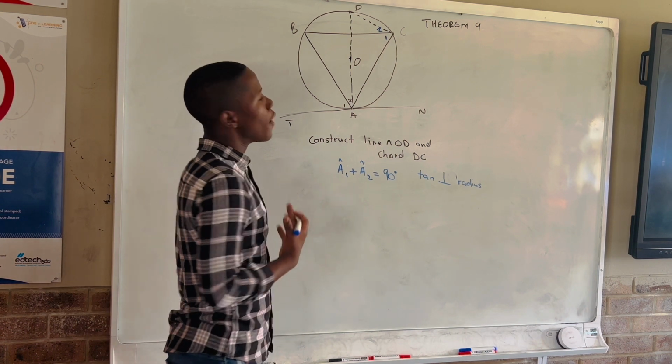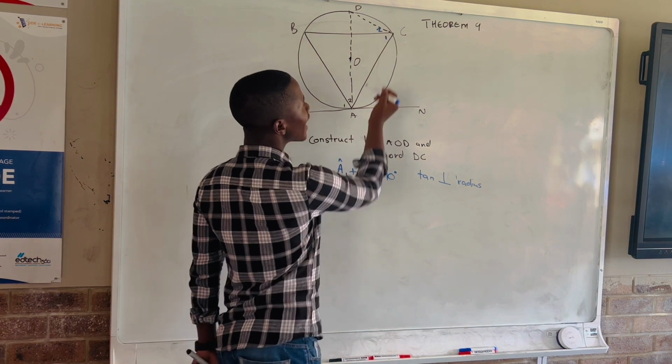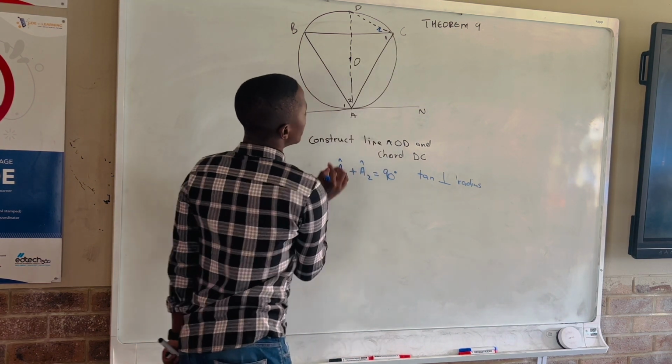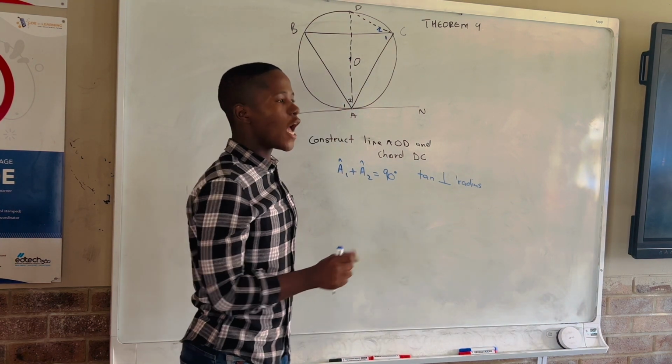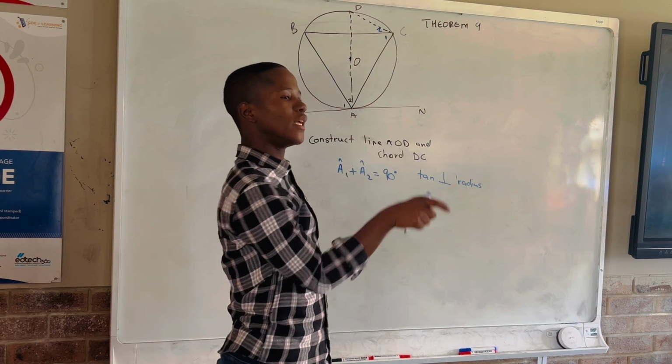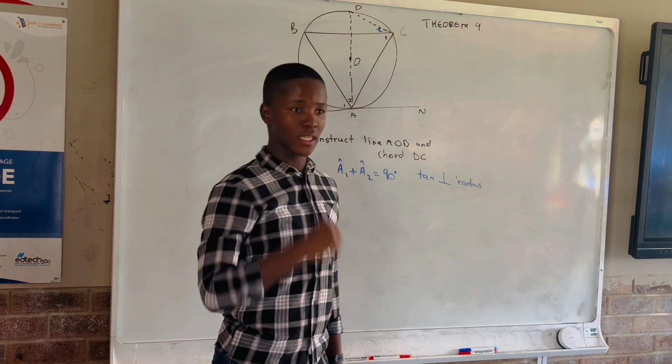Okay. Now, again, if you look at C1 plus C2, remember your AD is your diameter. And according to Theorem 3, an angle that is subtended by a diameter forms a 90 degree angle, right?